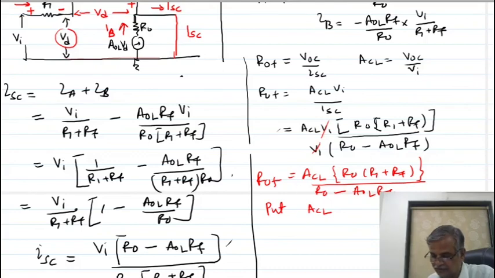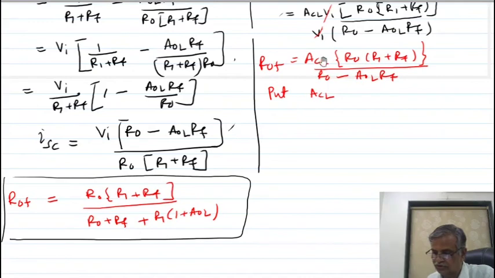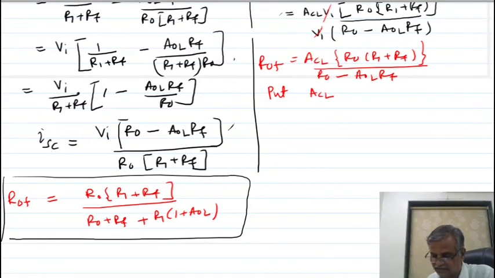As you put the value of ACL in this equation, you will get this. If the gain tends to infinity, your output resistance tends to 0. I think you understand the topic. Once you write this 2-3 times, then you can easily write it in your offline exam.